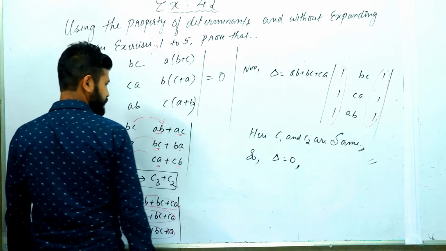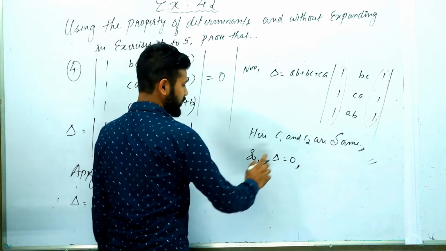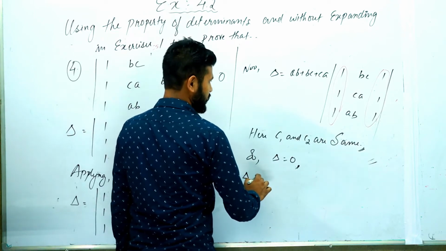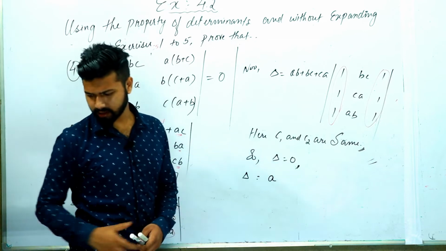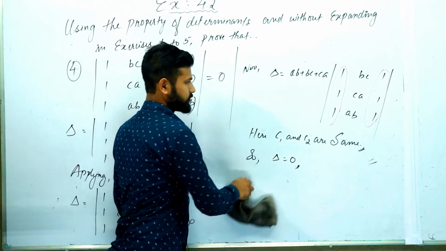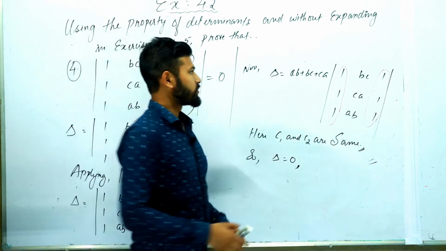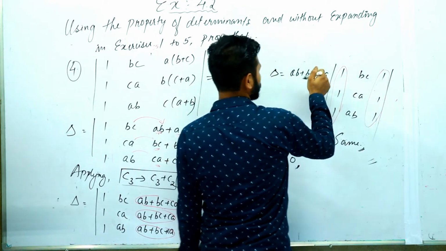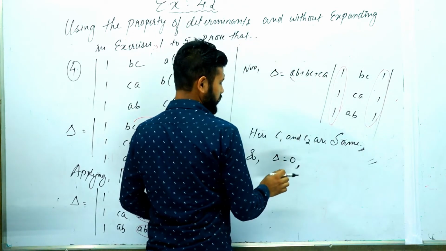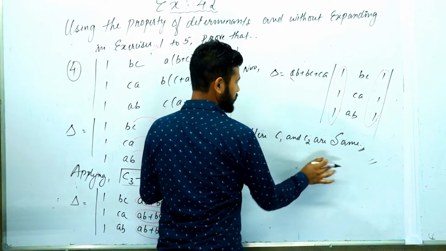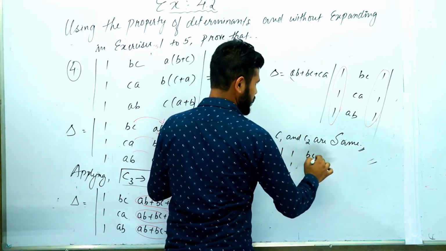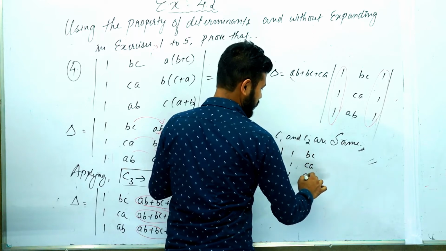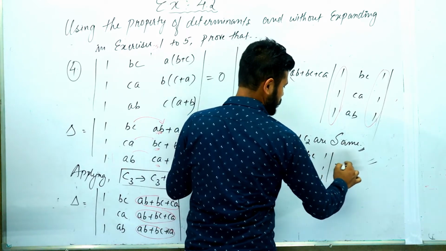Clear? So if delta is equal to 0, then that's all, finish. Answer is finish here. So if C1 and C2 are same, we can say that the determinant 1 1 1, B C, C A, B 1 1 is equal to 0.